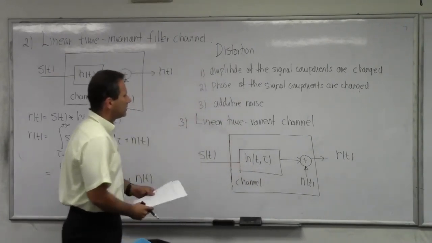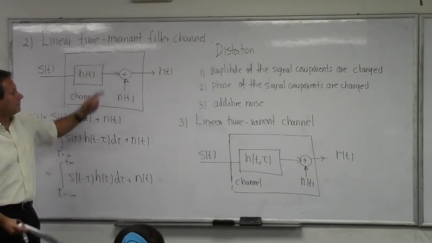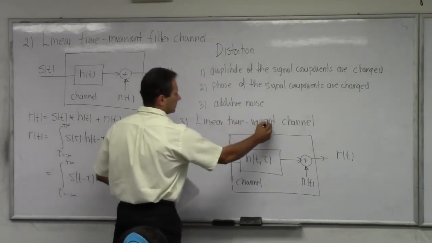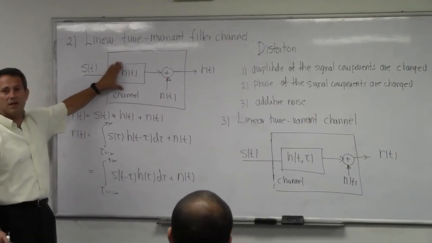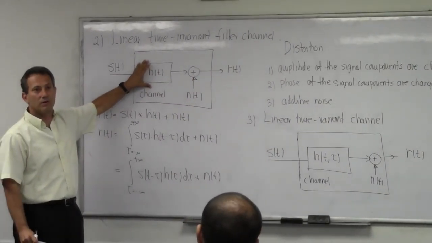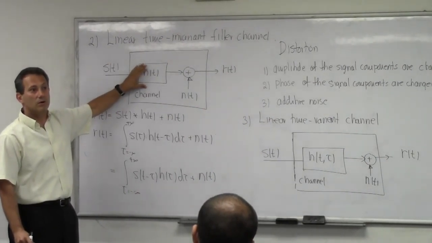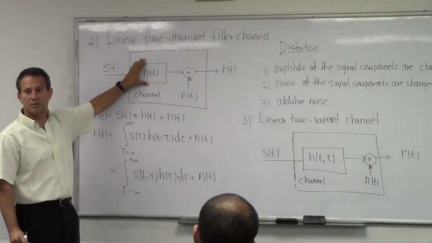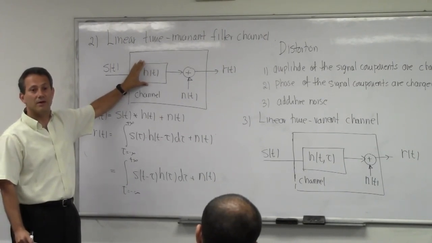Now, how is this different from this channel here? This channel here is the same regardless of when you look at it. If I transmit through this channel today and tomorrow, the impulse response of this channel will stay the same, right? So that's the time invariant piece of it.